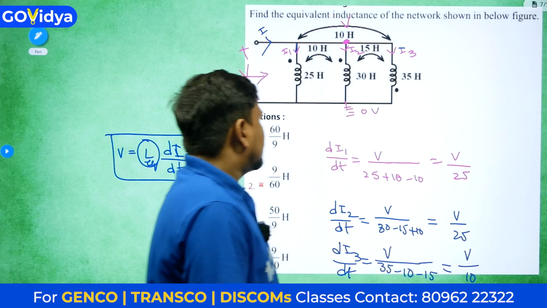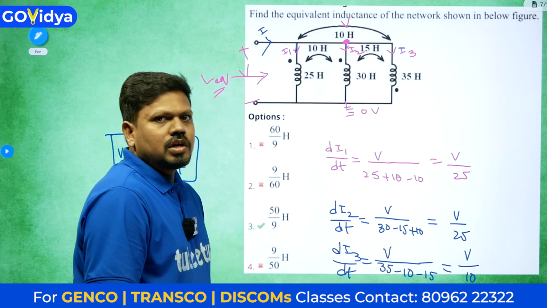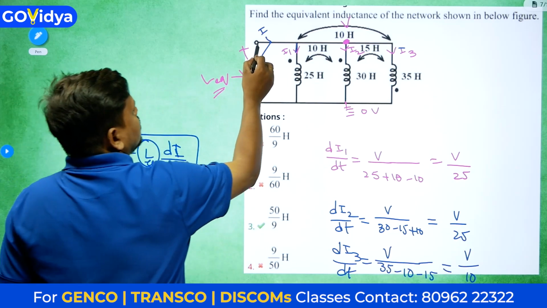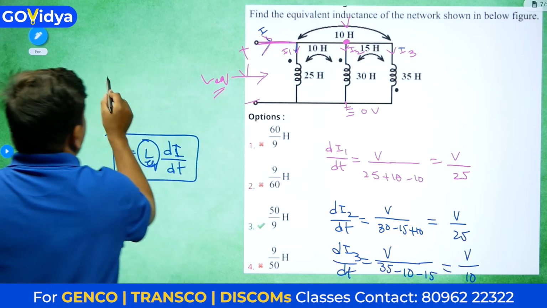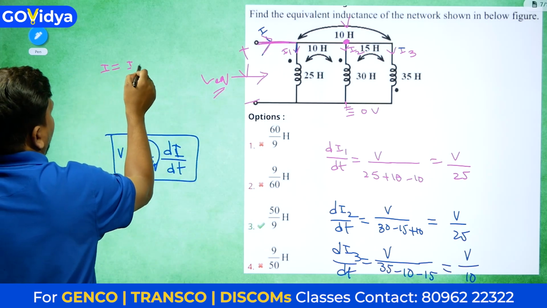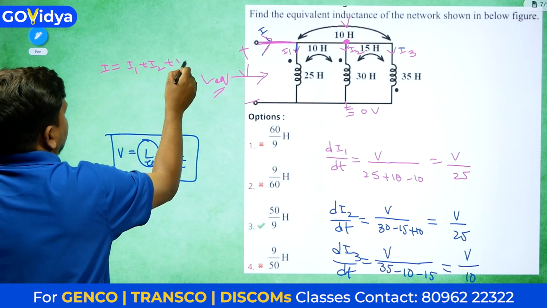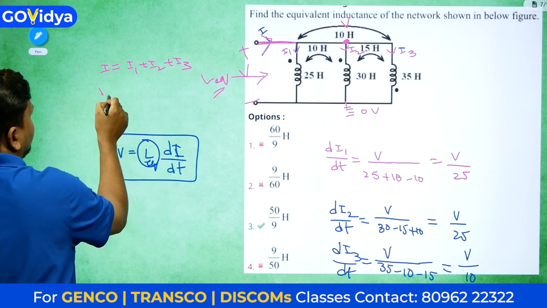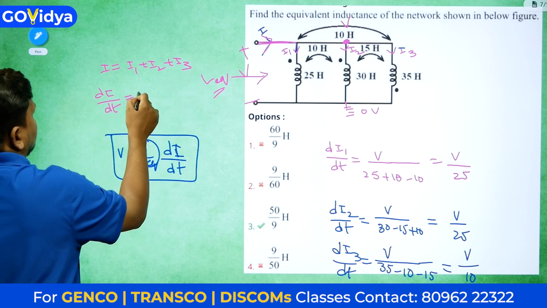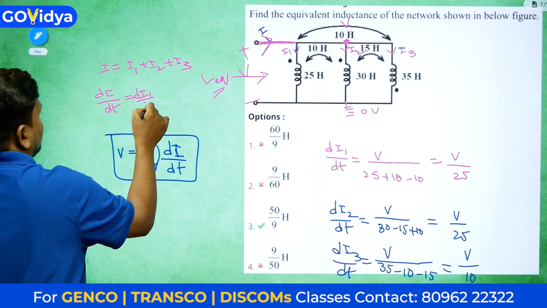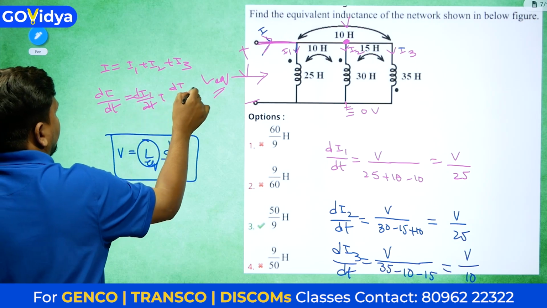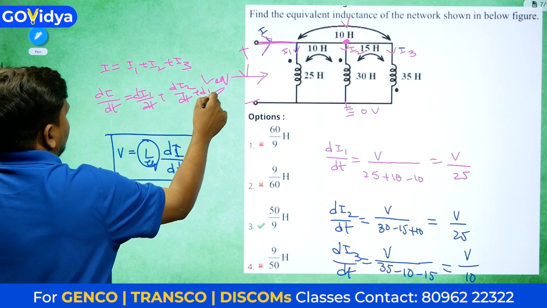So we are getting all three di by dt's. In general, the total current I equals I1 plus I2 plus I3. Similarly, di by dt equals di1 by dt plus di2 by dt plus di3 by dt.